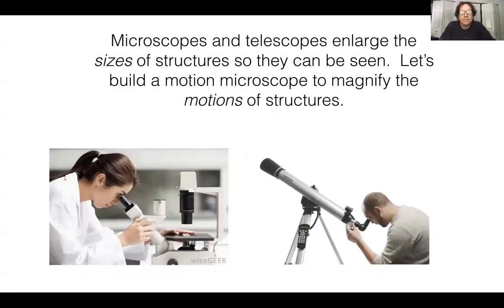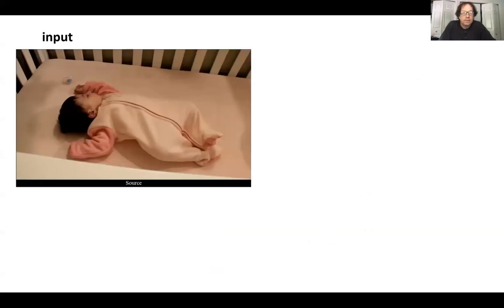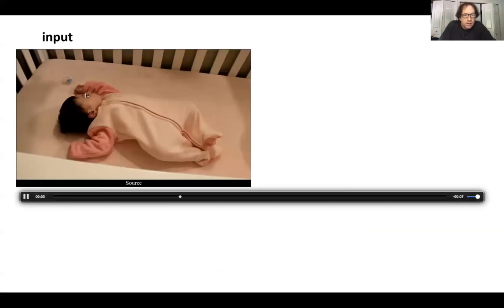Here's the main idea. Microscopes and telescopes enlarge the sizes of structures that you can look at. Here we want to make a microscope that will magnify the motions of structures. So here's an example. Here's a video of a baby, and oftentimes parents of perfectly healthy newborn babies ask, is the baby breathing?